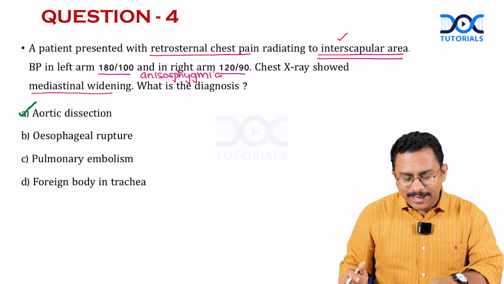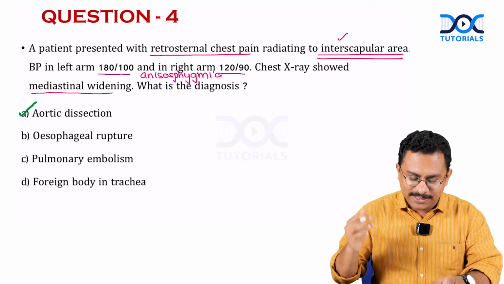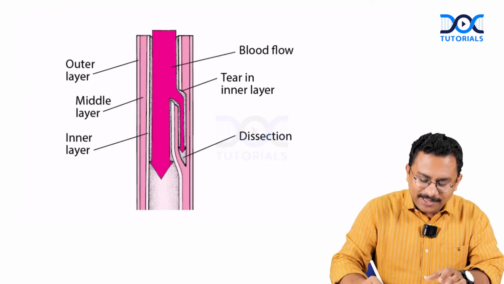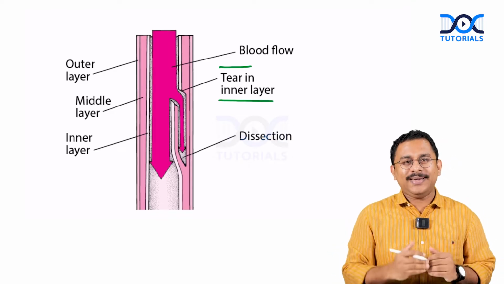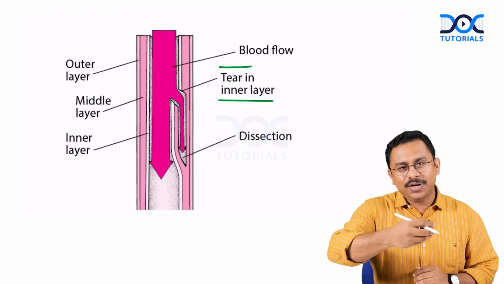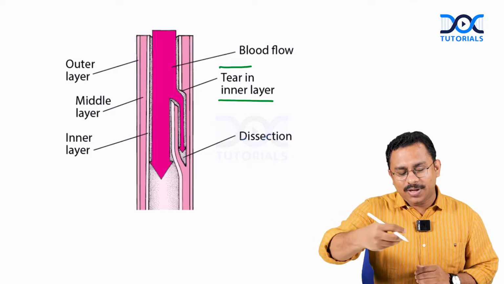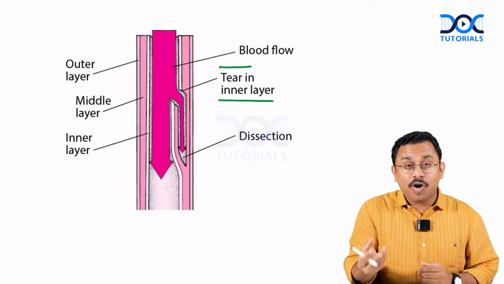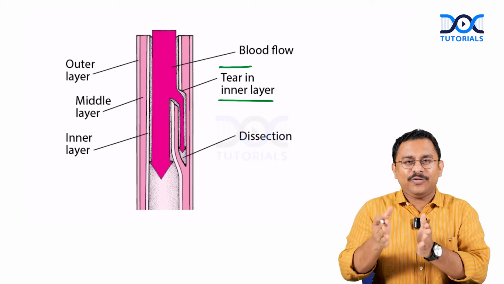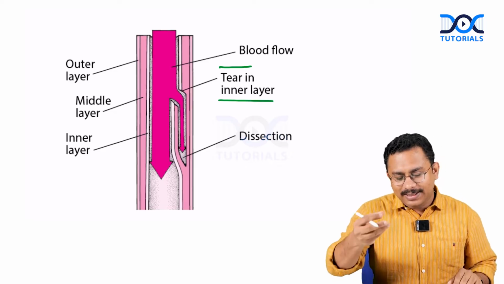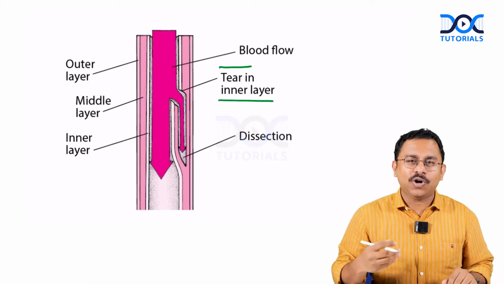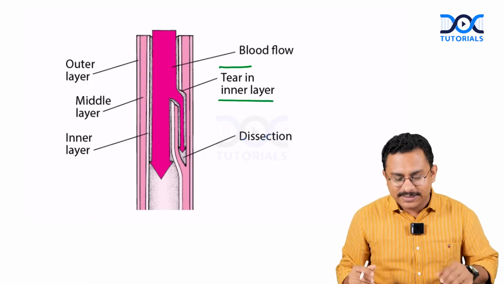So basically what happens in case of an aortic dissection is that there is a tear in the tunica intima. Okay, there is a tear in the tunica intima and blood actually gets into the vessel wall. There is a false lumen created inside the vessel wall due to the splitting of the media, and that is actually what is contributing to many of the manifestations.